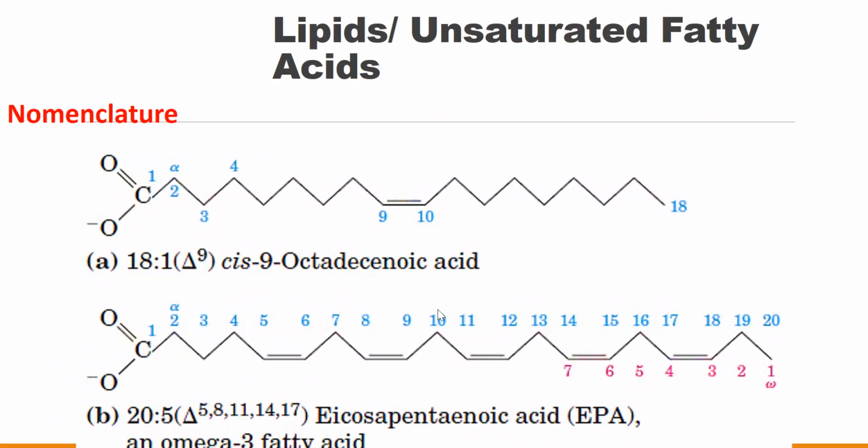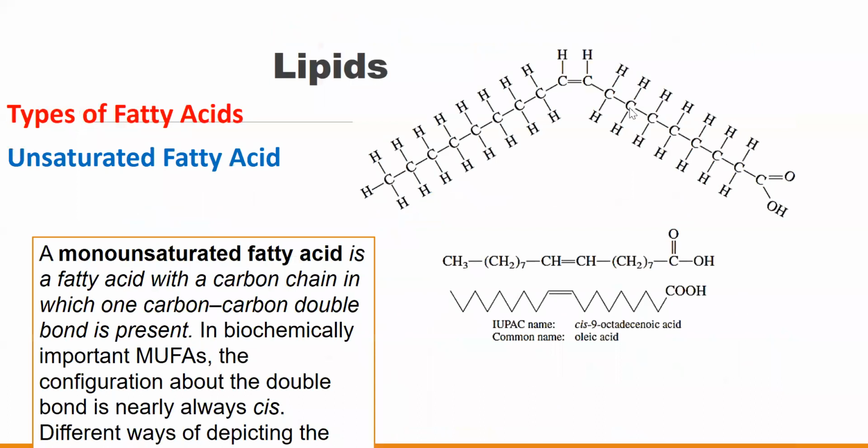You can write all the carbons, with the dash formula showing all the carbon-hydrogen bonds, or you can have the condensed form, wherein we find CH2 as a repeating unit. So you have CH2, 7 of them, and then you have the CH double bond CH.